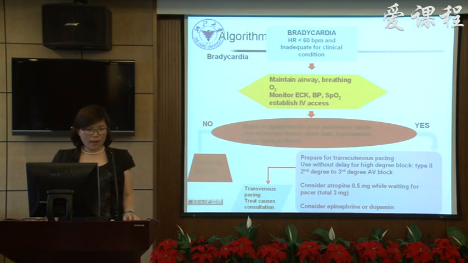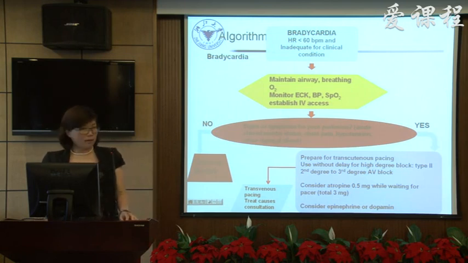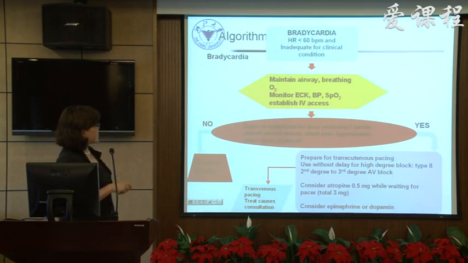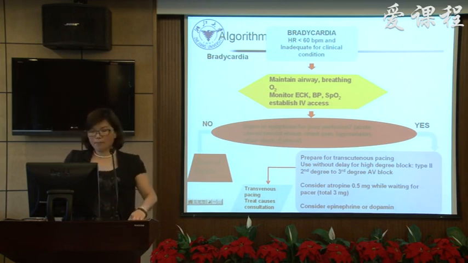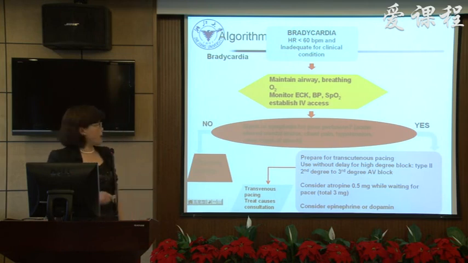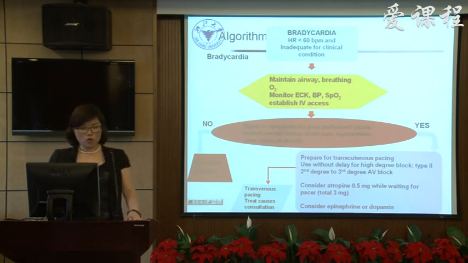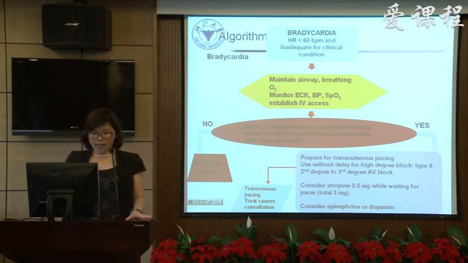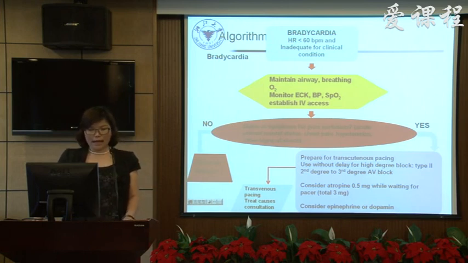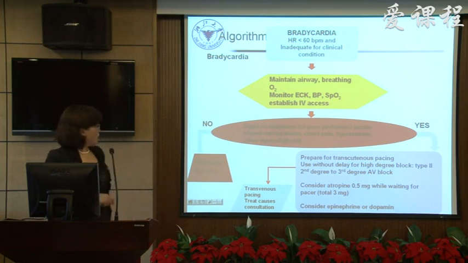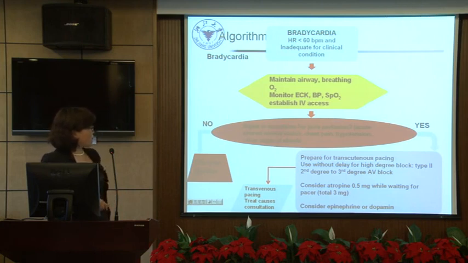If the patient suffers from bradycardia, with a heart rate less than 60 BPM and inadequate for the clinical condition, you should maintain the airway and breathing, give oxygen, monitor EKG, blood pressure, SpO2, and establish IV access, and check if the patient has signs or symptoms of poor perfusion.